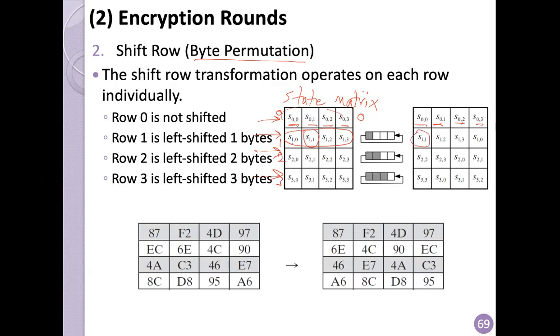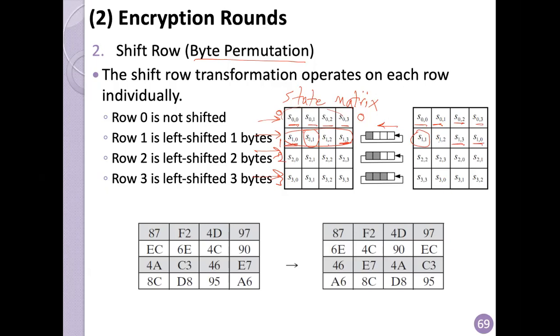This also shows that we shift 1 byte to the left. S1,2 appears here, S1,3 appears here, and of course S1,0 wraps around and appears in the very right side of this row.